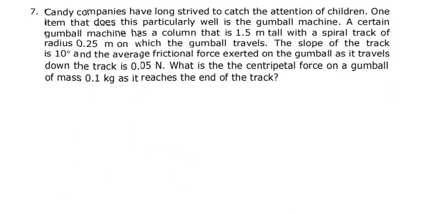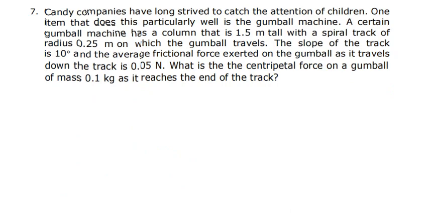The slope of the track is 10 degrees and the average frictional force exerted on the gumball as it travels down the track is 0.05 Newton. What is the centripetal force on a gumball of mass 0.1 kg as it reaches the end of the track?